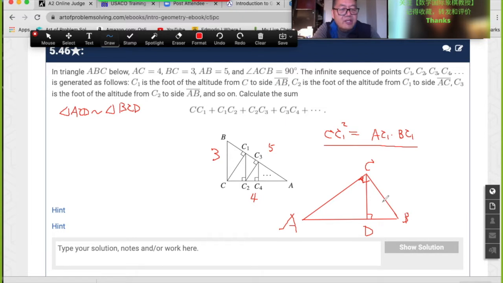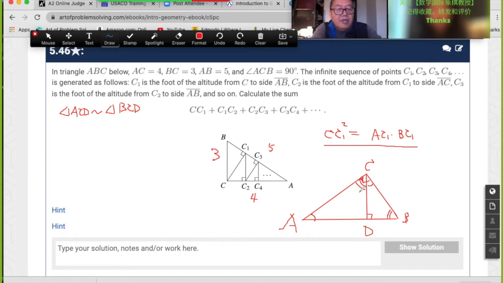Because this angle equals this angle, and also the third angle is a right angle.